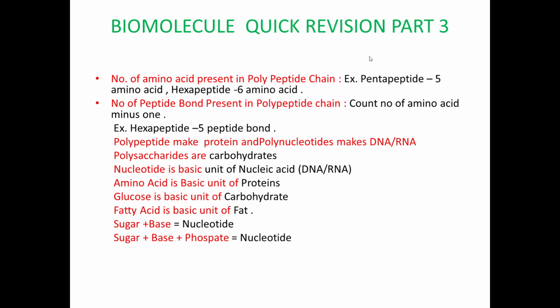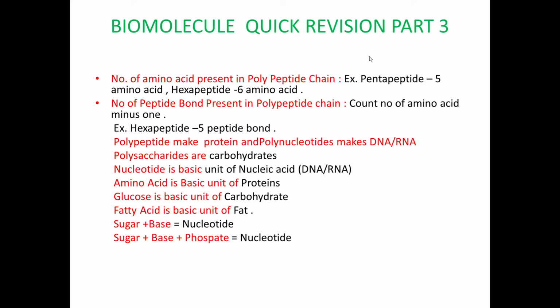Okay. Next, you try to know amino acid is the basic unit of proteins or polypeptide, and glucose is the basic unit of carbohydrate. It may be oligosaccharides or polysaccharides. Poly means more than 10 units of glucose.